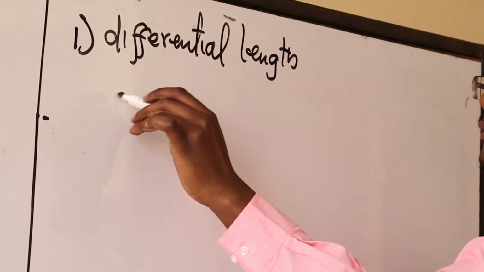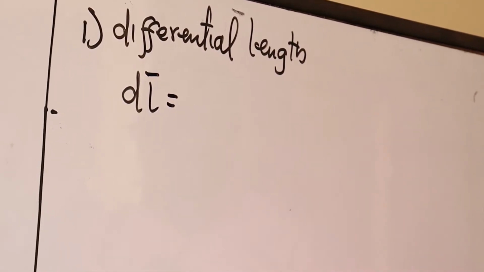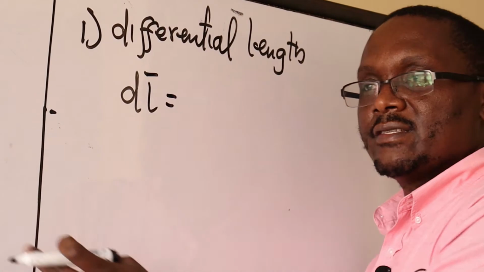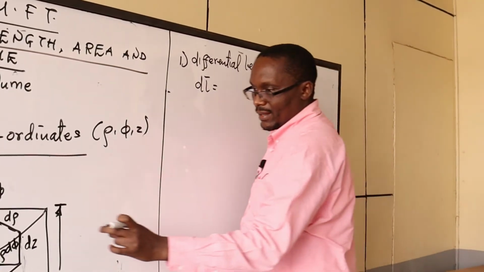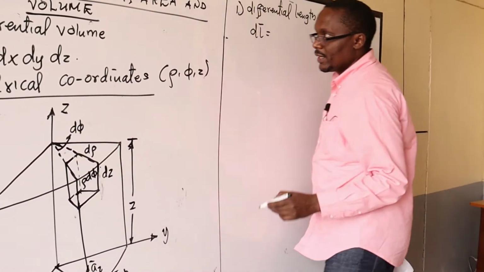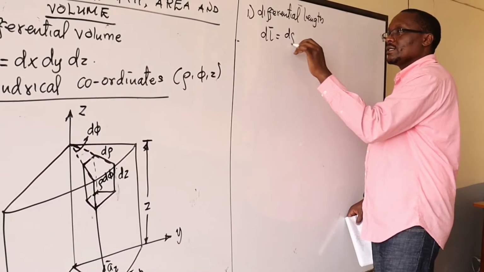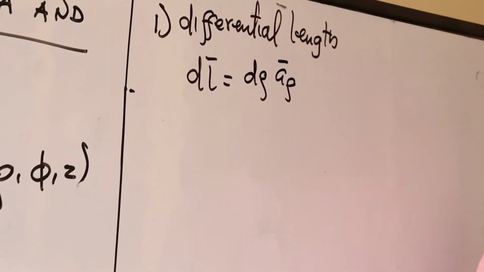And don't forget, length is a vector quantity. So remember, we are supposed to consider rho, phi, and z directions. In the rho direction, our length is d rho, so we are going to write that as d rho in the a rho direction.